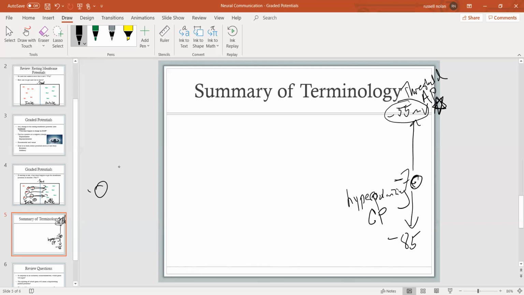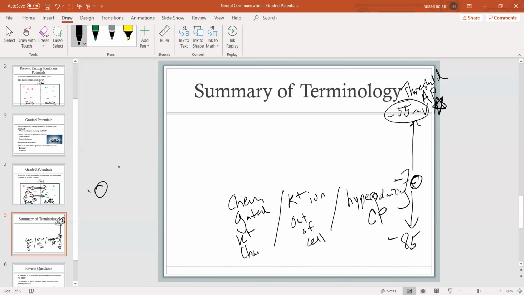What causes it is that we have to lose potassium ion. So potassium ion moves out of the cell. For that to happen, it means we must open the chemically gated potassium channels.